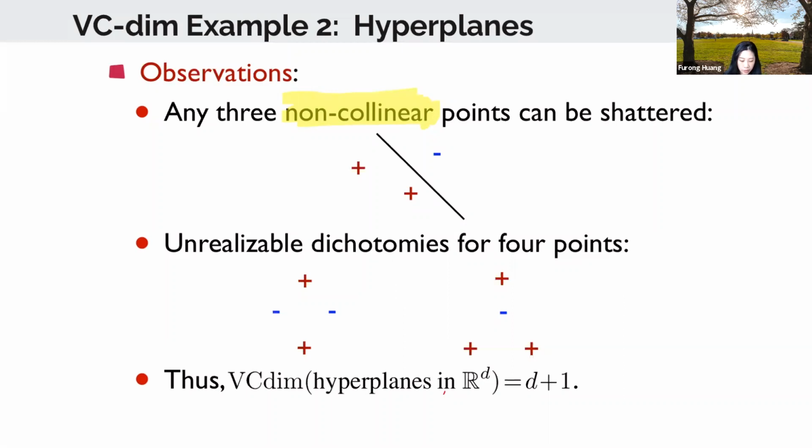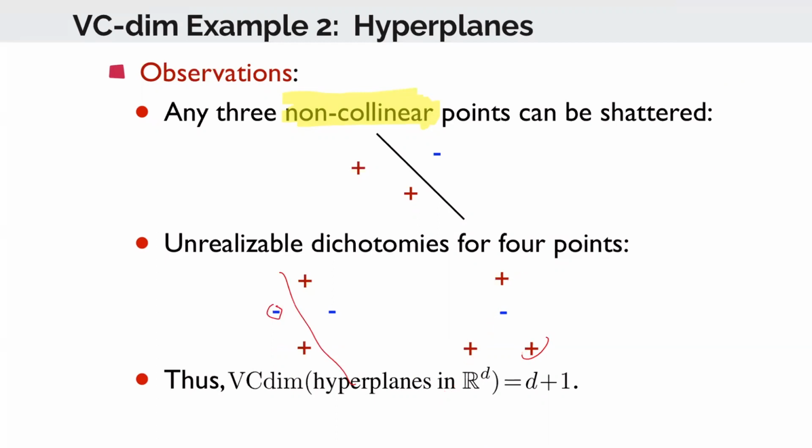For example, this one, you cannot find a hyperplane that separates them. It's just impossible. And here, also, you cannot find a hyperplane that separates them. You would always make a mistake, something like that, okay?